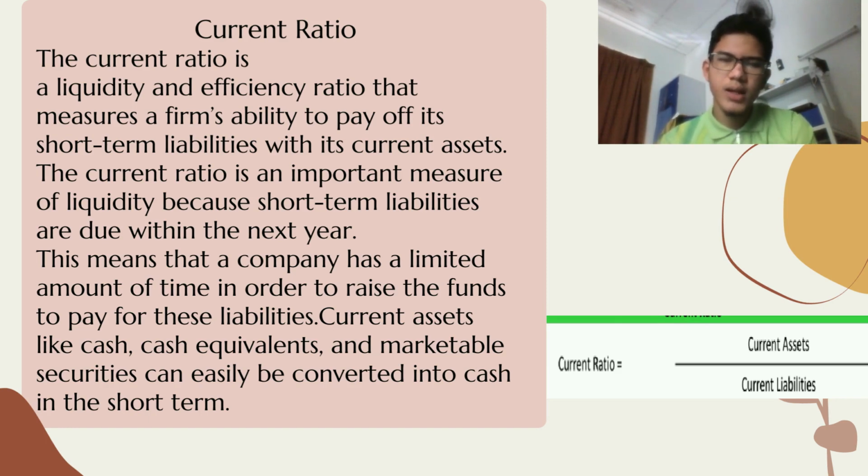This means that a company has a limited amount of time to raise the funds to pay for these liabilities. Current assets like cash, cash equivalents, and marketable securities can easily be converted into cash in the short term. The calculation for current ratio is current assets over current liabilities.